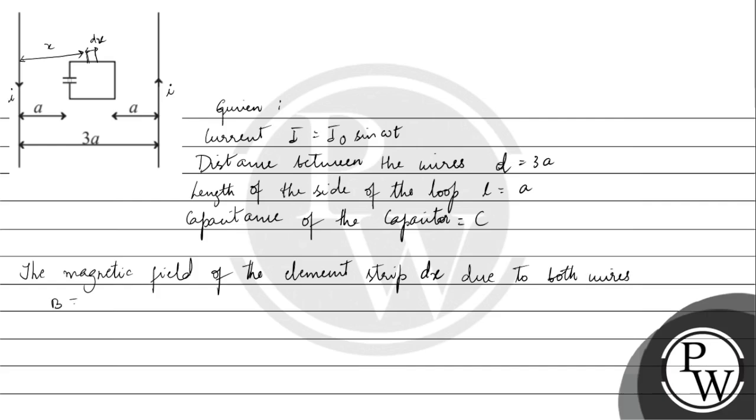So B is mu naught I by 2 pi x, this is from the left wire, plus mu naught I divided by 2 pi into 3a minus x, ये है right wire से. So this we can write as mu naught I by 2 pi into 1 by x plus 1 by 3a minus x.